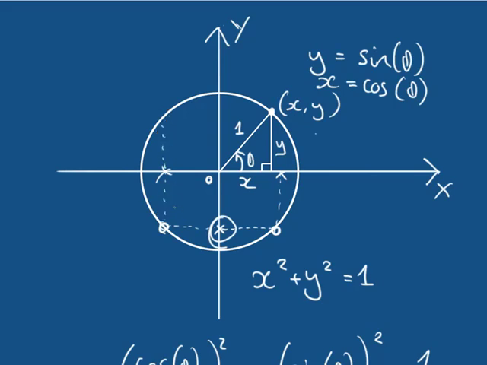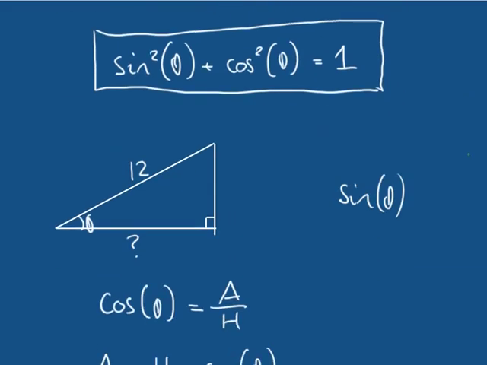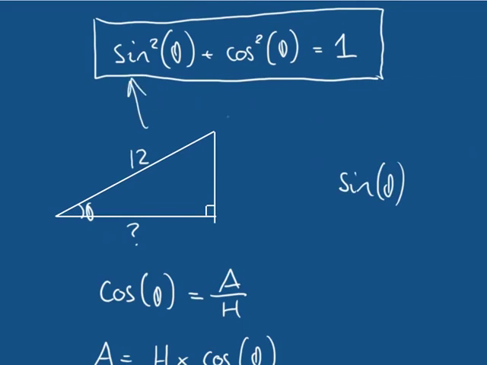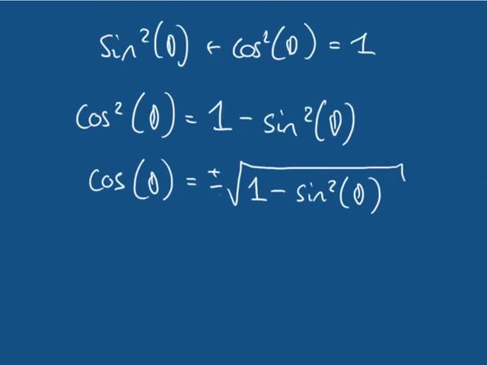So you're going to see, if we're using our Pythagorean identity to rearrange this either in terms of sine or in terms of cos, that we get a plus or minus square root because there are 2 possible values that satisfy that equation. But we now have this value of cosine of theta.